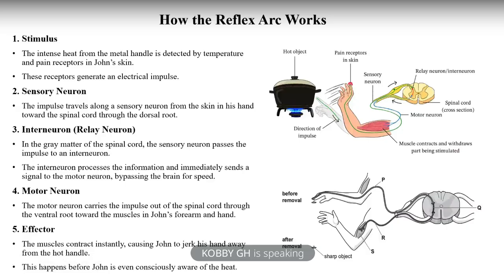So I've cited an example here, and I can ask you in exams to, with the aid of a diagram, describe the reflex action. You can write it down. Then you use typical examples like this.